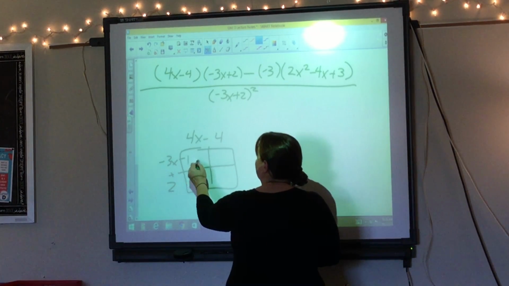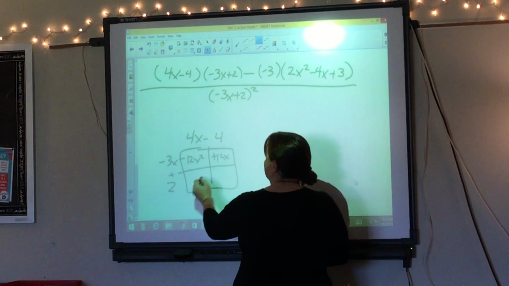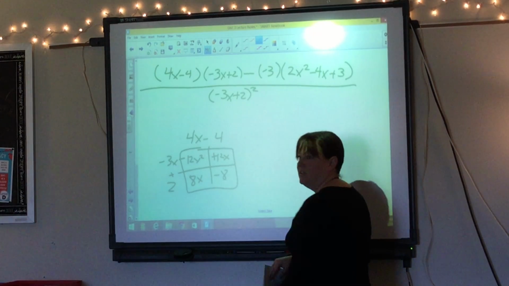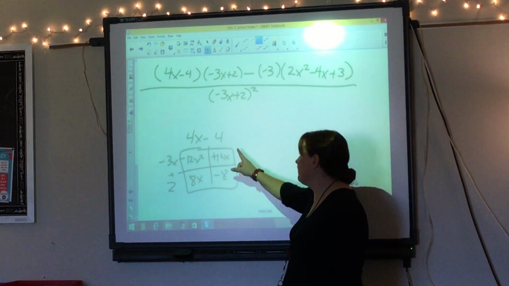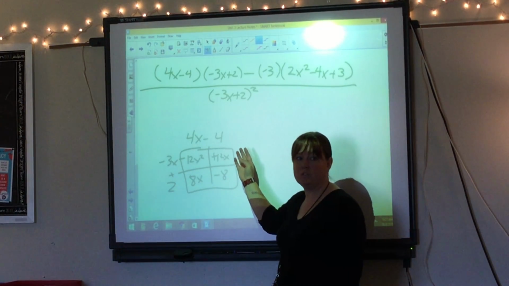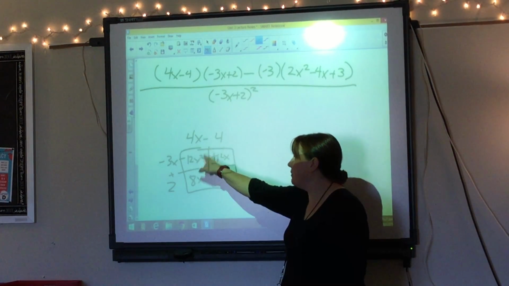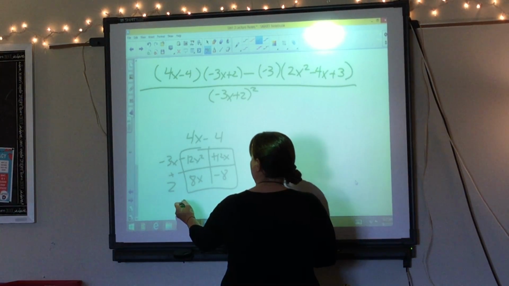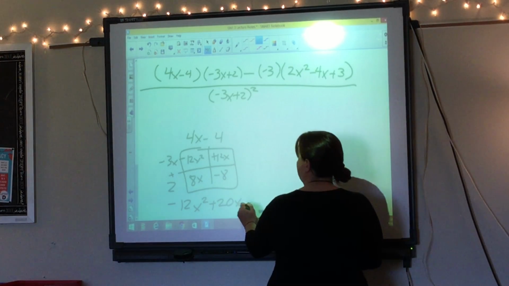So then you'd have negative 12x squared, plus 12x, 8x, and negative 8. I just multiplied each thing. This works really nicely when you have 3 and 4 terms, like multiplying a binomial by a trinomial. You just multiply everything in the boxes. So this first one is negative 12x squared plus 20x minus 8.